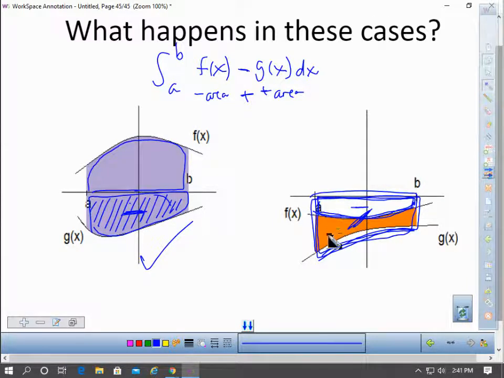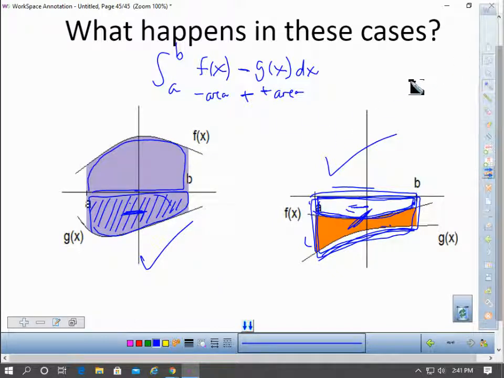So you're going to be doing the larger area minus the smaller area, and you're going to end up with the orange part. So it still works, all right? Because you're going to end up with the negative small area minus the negative big area, which means you're going to be adding the bigger area to the negative small area, and it leaves you with this orange piece, right? So it works both ways.